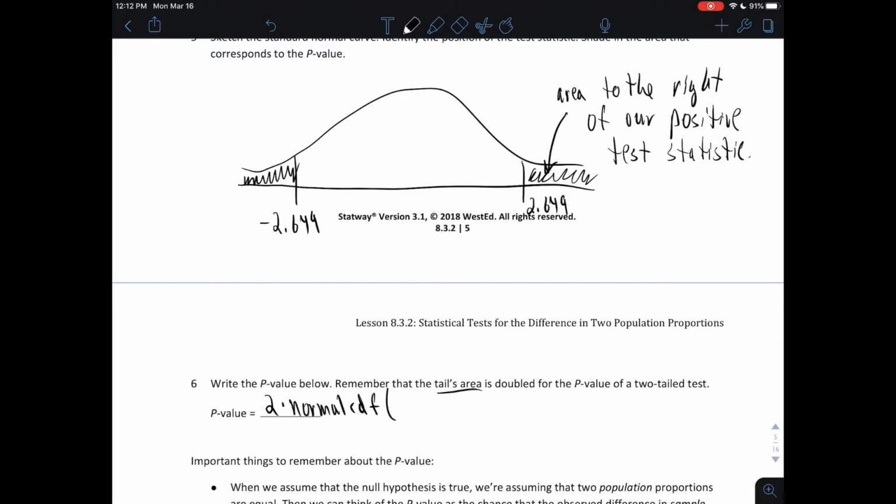And since we have a positive test statistic, we want to think that our test statistic is the lower number, and all the way out to the right, 1E99 is the upper number. So 2.649, comma 1E99. And when you calculate that, you're going to get approximately 0.008. And that becomes our p-value.